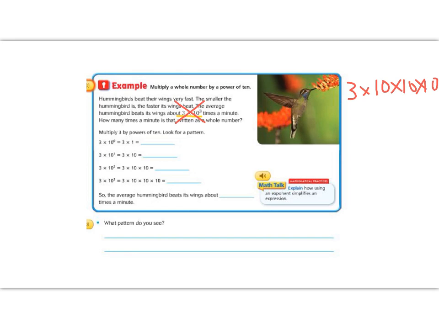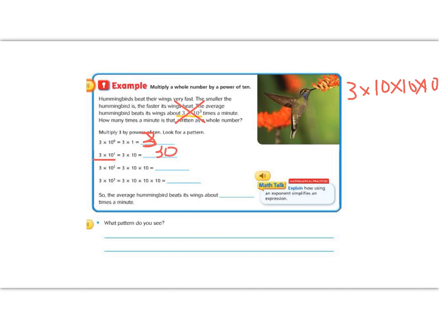So if we had 3 times 10 to the power of 0, that means we have 0 tens. Well, that would be 3 because it's just 3 times that number. Okay, but now the next one we have 3 times 10 to the power of 1. 10 to the power of 1 means that I have 1 10. So 3 times 10 would be 30.